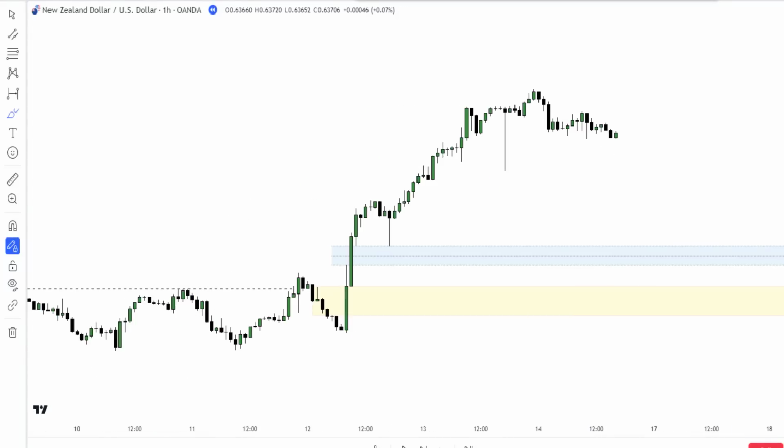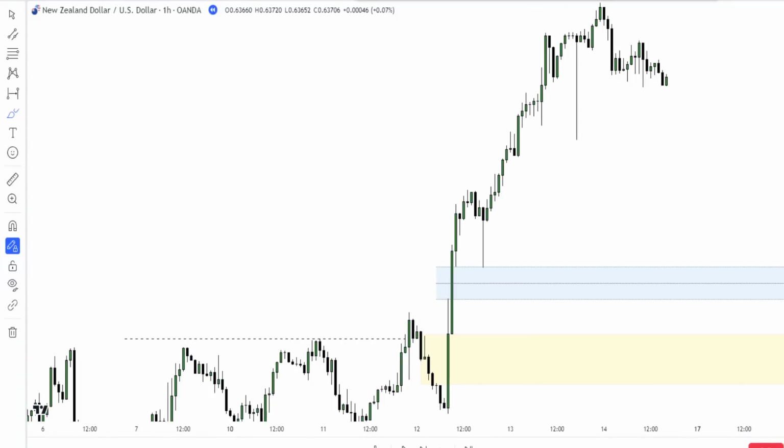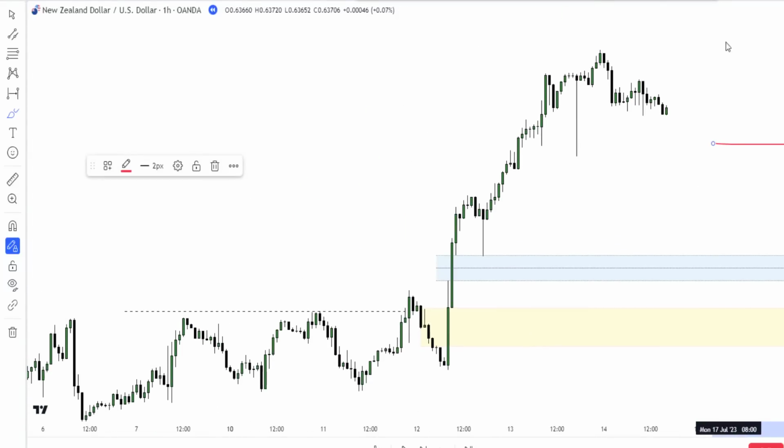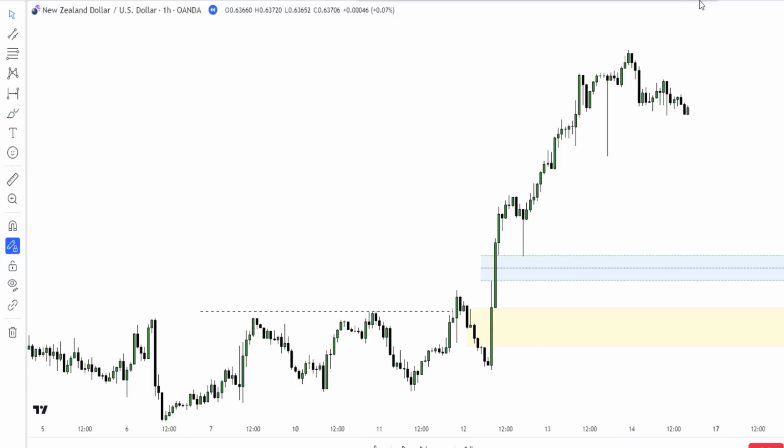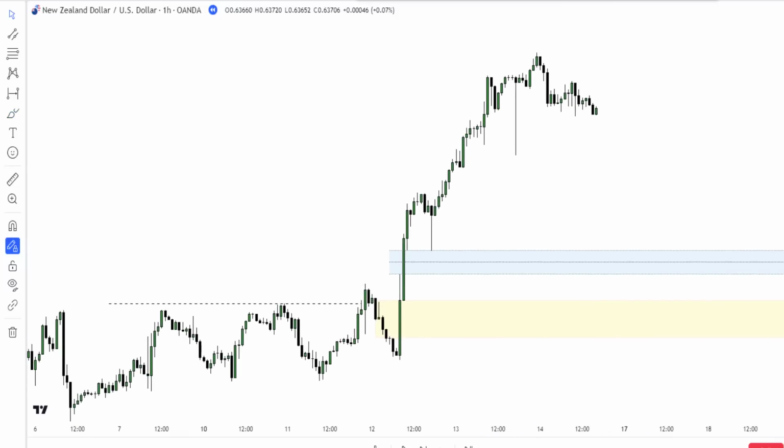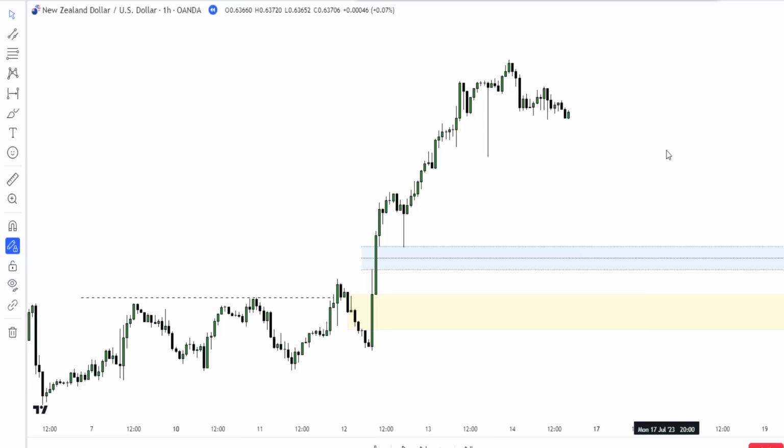All right. Now this is when I will wait for a shift in market structure. If I see one, all right. If I see a shift in market structure, now mind you, my daily time frame is bullish, which is supposed to be the ideal time frame.